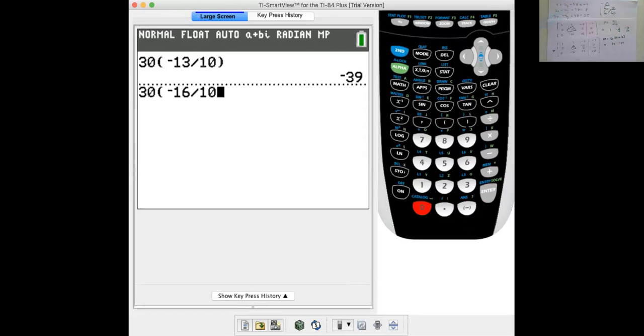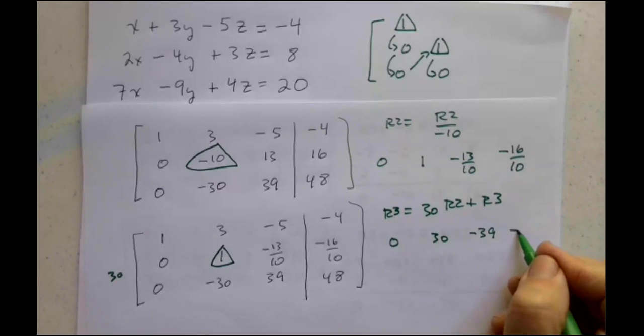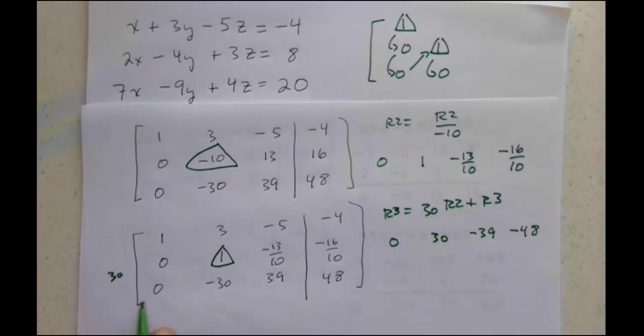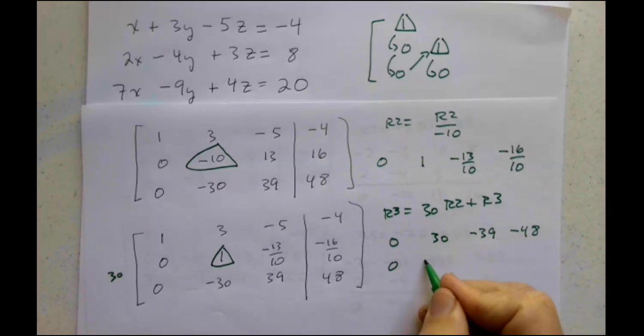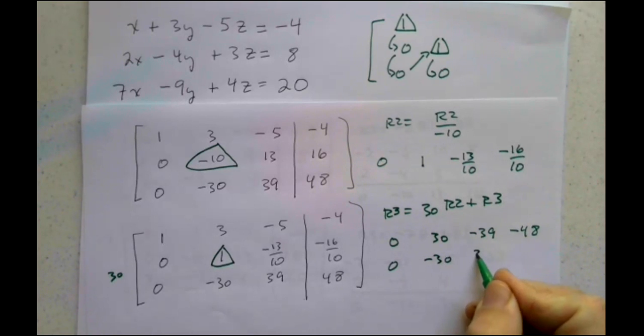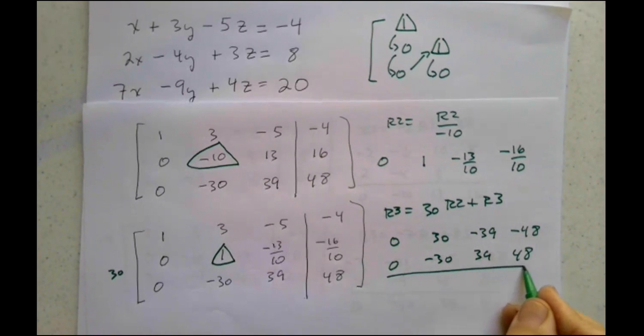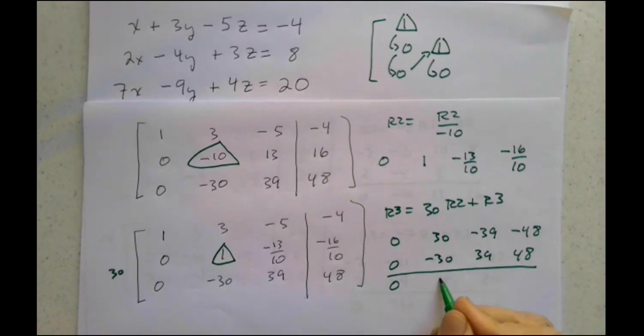What does that give me? That gives me negative 48. So that was 30 times the second row. Add that to the third row, 0, negative 30, 39, 48. Looking at these numbers, you say, 0, 0, 0, and 0. That is my new row 3.